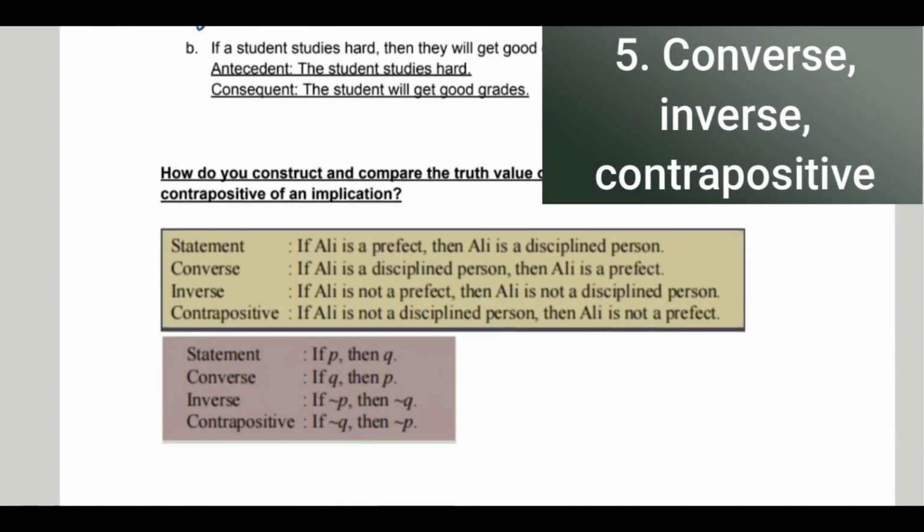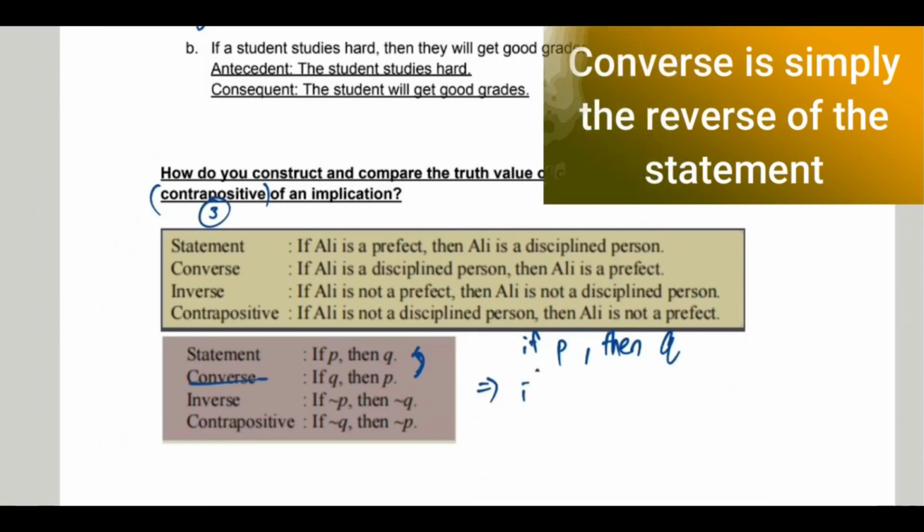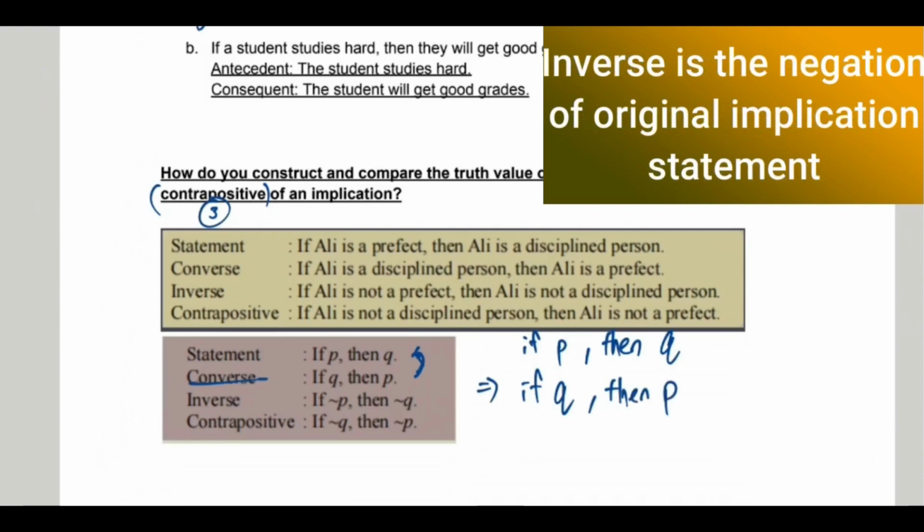So that will have the converse, inverse, and the contrapositive. For the converse, I mean like this: if P then Q, the converse will be Q first, then P. And the inverse will be the negation.